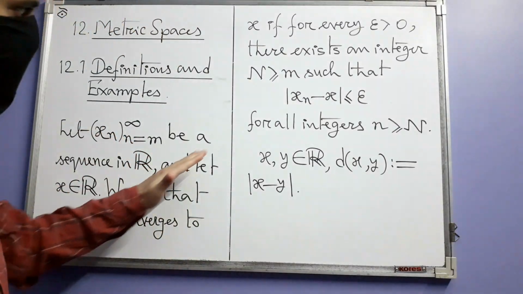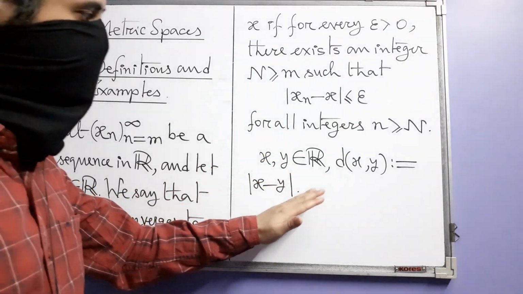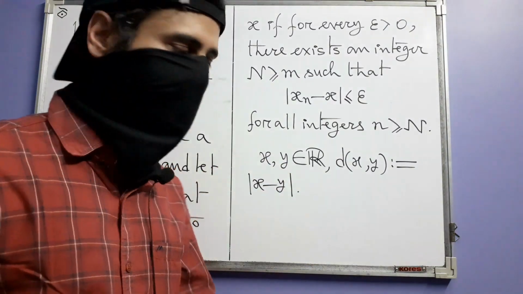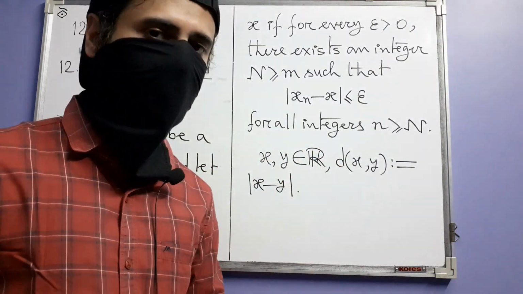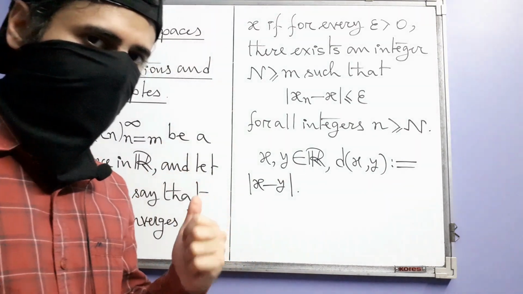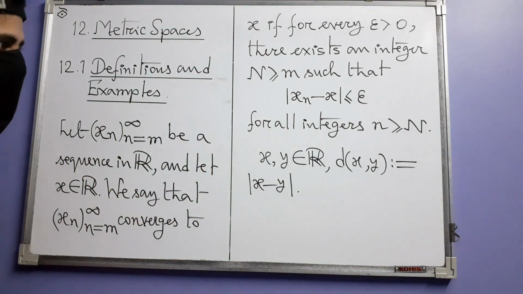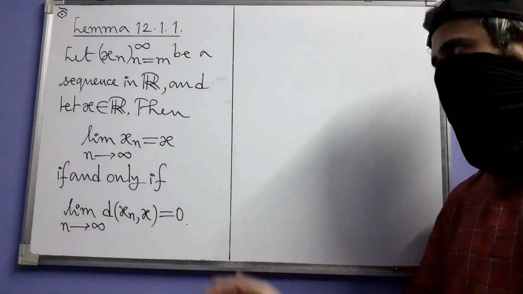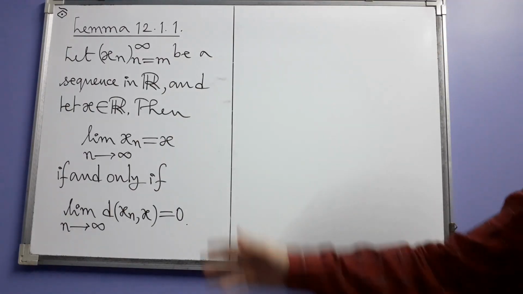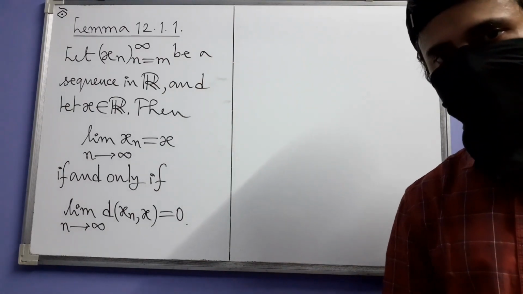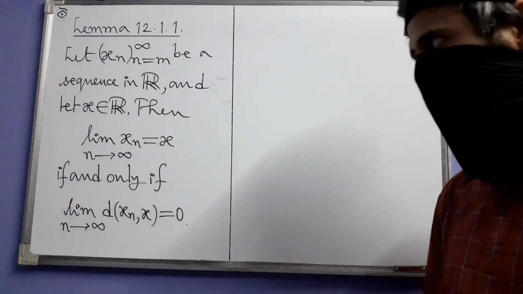Now this definition of convergence can be reformulated entirely in terms of this distance, like this next lemma says. We have a sequence x_n of real numbers again, and we have a real number x.